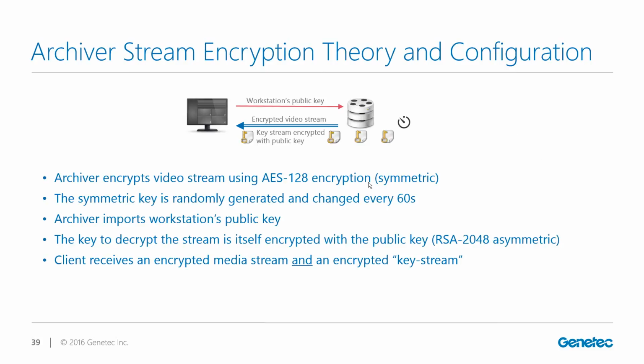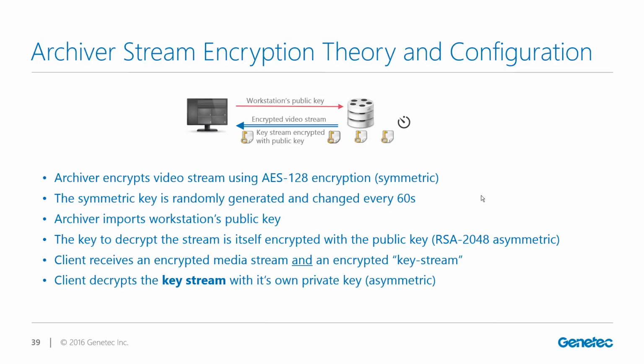So then the client gets sent over both the encrypted video stream, this is our symmetric encrypted stream, and the key stream, which is our asymmetric encrypted stream of those keys that it needs to use to decrypt it.